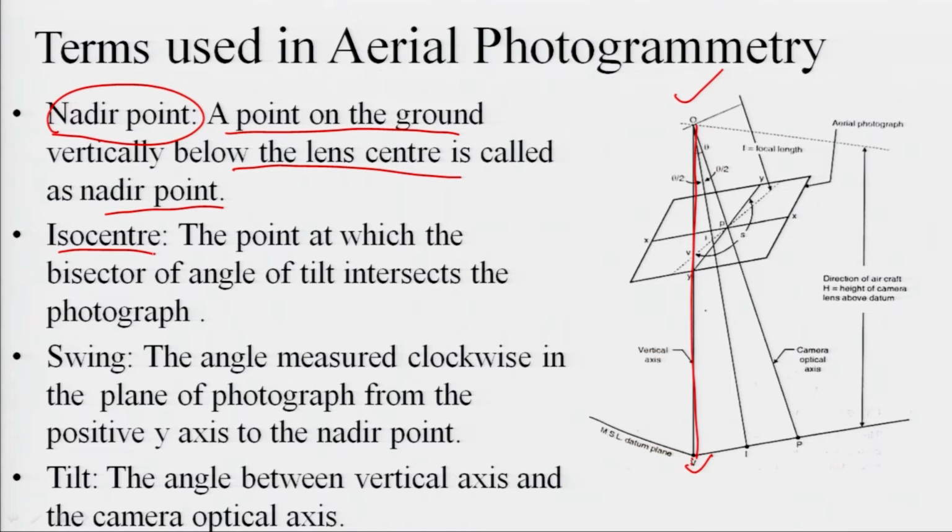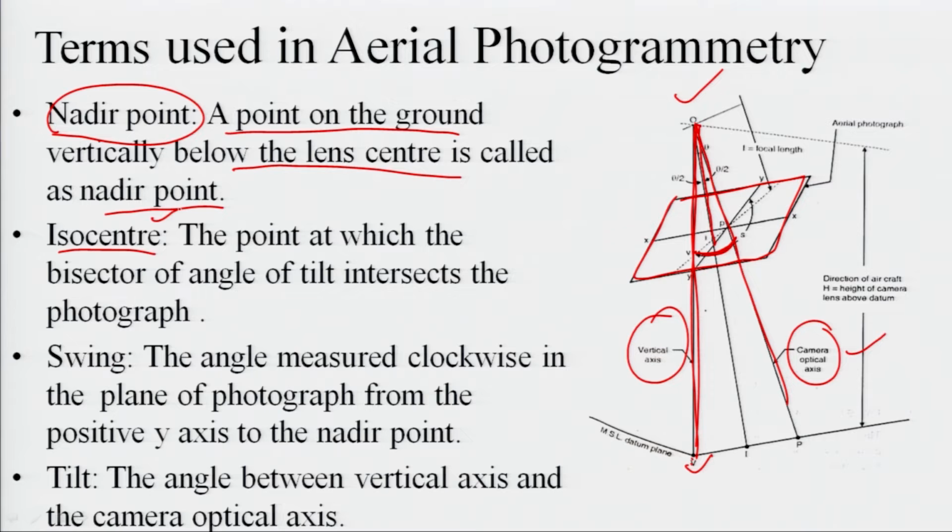Isocenter is an important definition. Now, this is a vertical axis, and this is a tilted axis, or camera axis, or optical axis. The intersection point of the bisector of this angle, when it coincides in the plane of the photograph, is known as the isocenter.